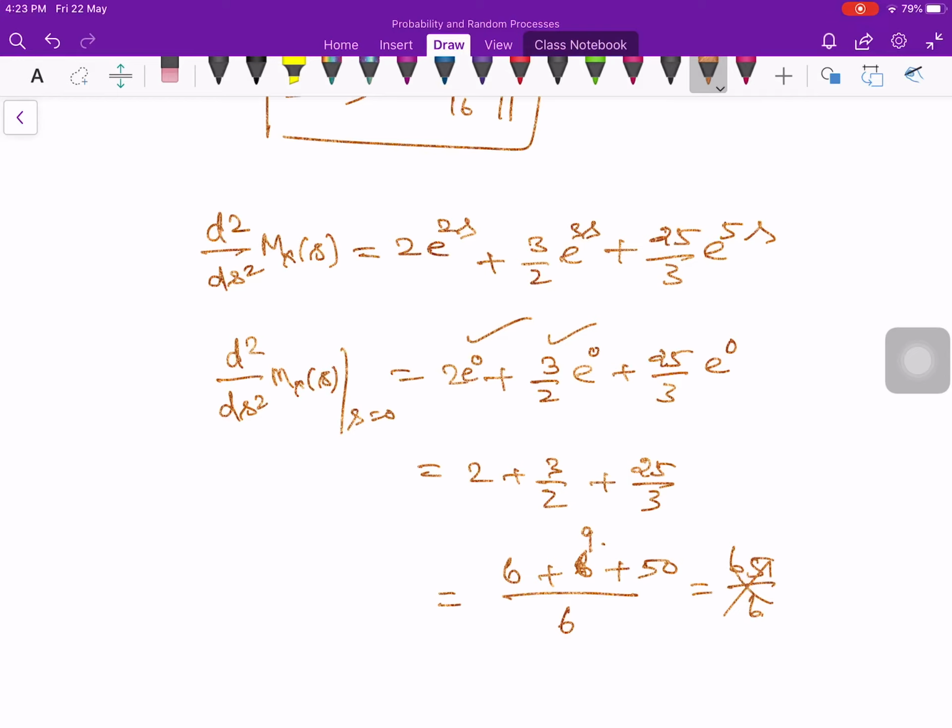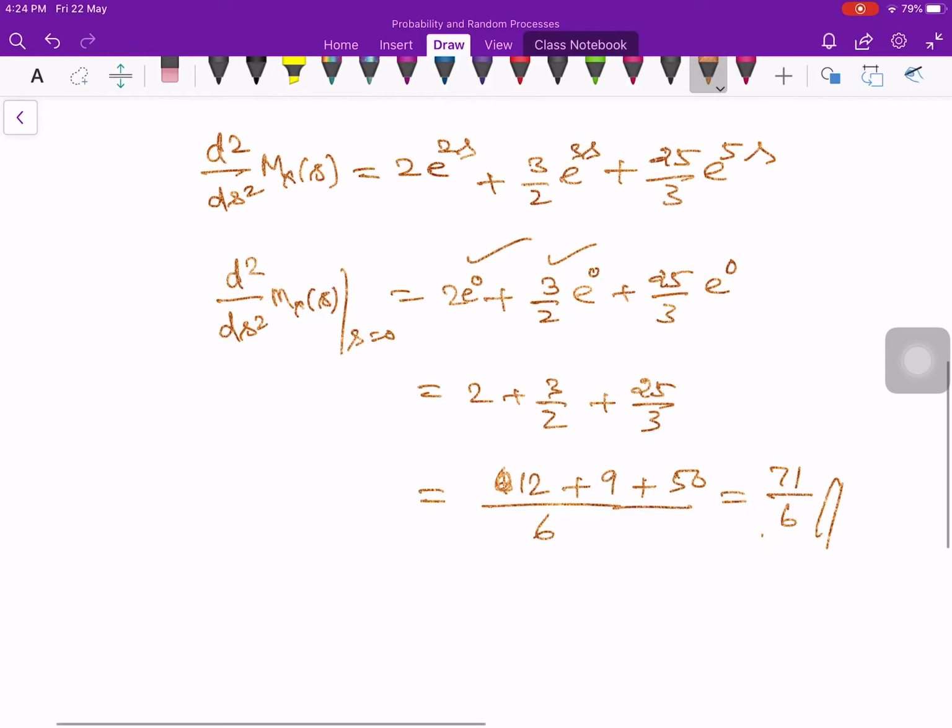This is 25/3, correct. So somewhere a mistake, let us figure out where. The denominator is 6, so 2 times 6 is 12, I am sorry. So this is 12 plus 9 plus 50, so 71 by 6. So this is the correct answer. Therefore E of X squared equal to 71 by 6.